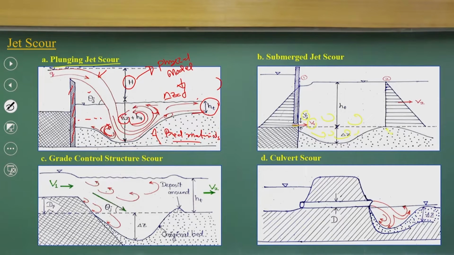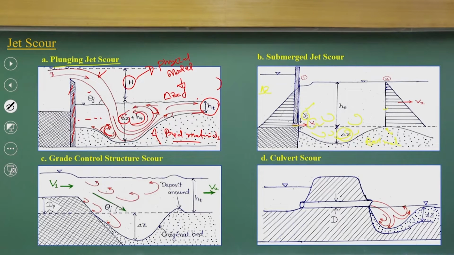There will be scour deposition, and we try to know the scour depth, delta jet. The scour depth is a function of V1, V2, Yj and the bed material.